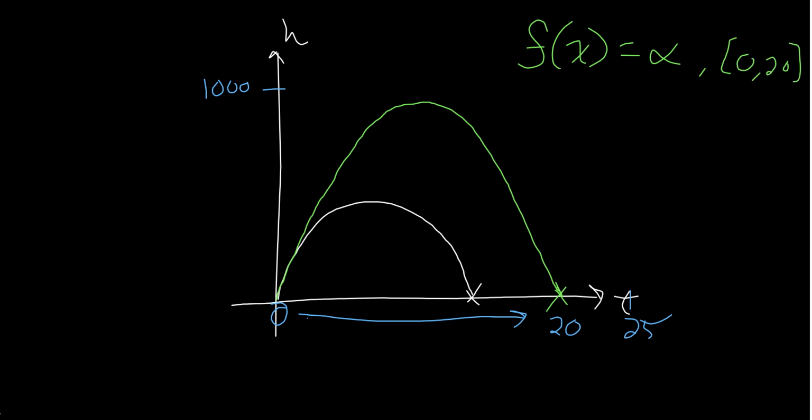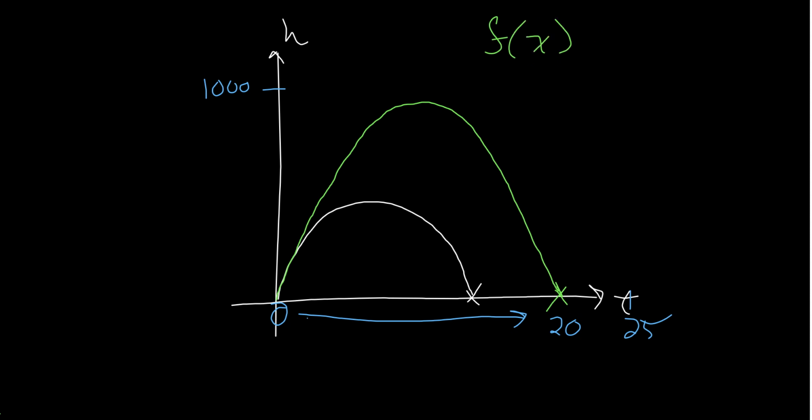Let's erase that because I feel like I'm going off the page a little bit, and the notes might be a little rough. So if x is equal to alpha, and my domain is 0 to 20. Okay, golly, I hope I'm not losing anybody here.